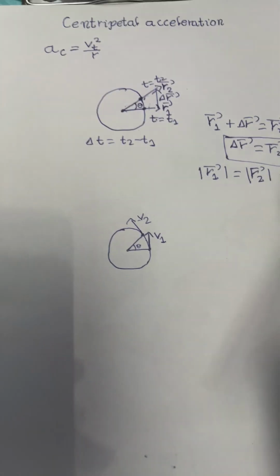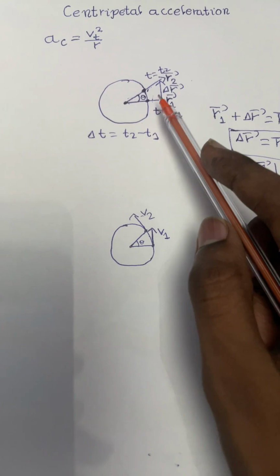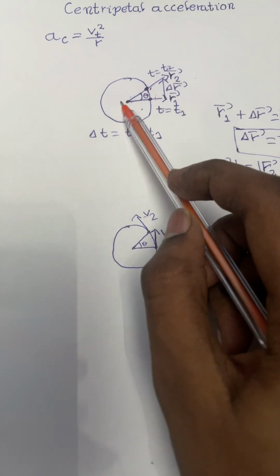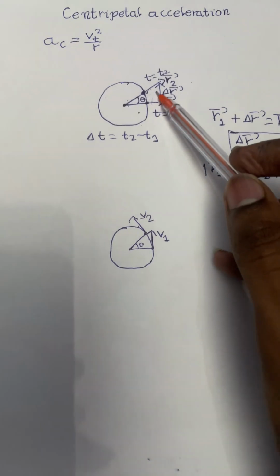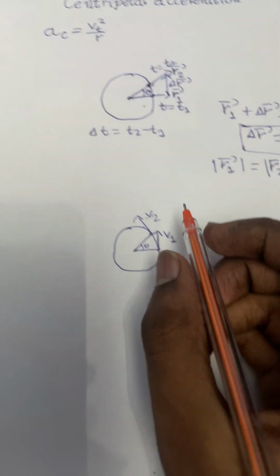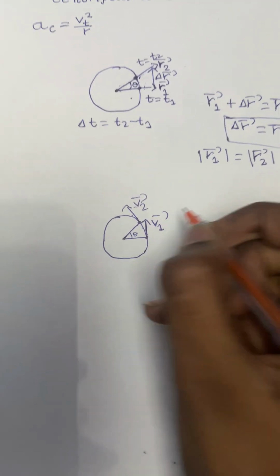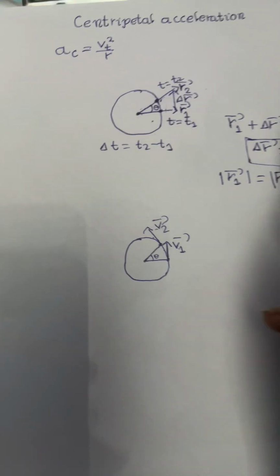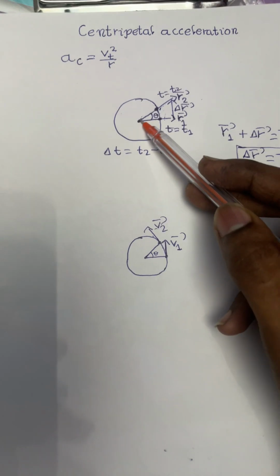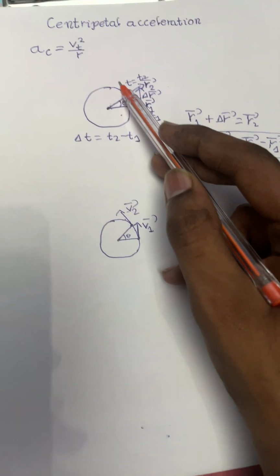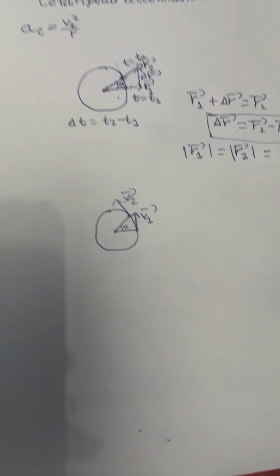So we know that the velocities are perpendicular to the displacement vectors, because it is tangential velocity, right? The displacement was along this line and the tangential velocity was perpendicular.